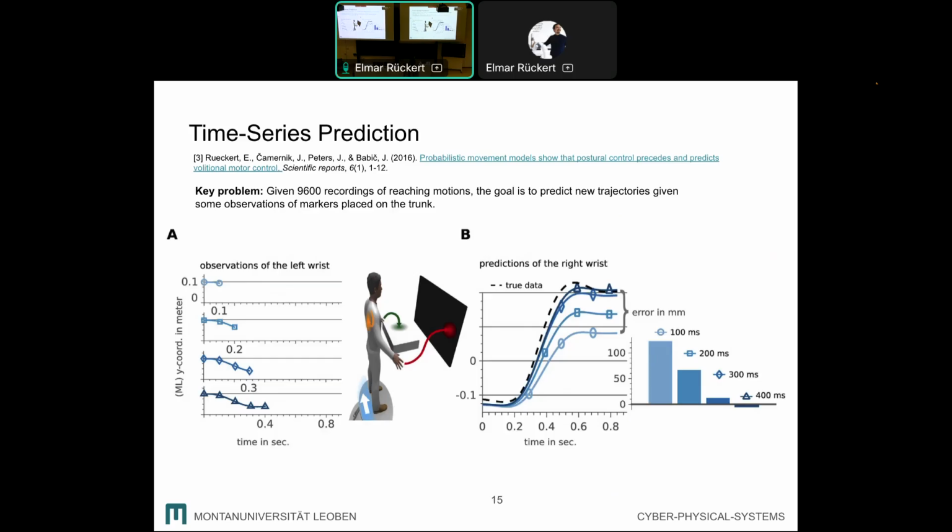And we also found out that actually, even after 100 milliseconds, so prior, before any visual feedback could be processed by the human brain, because that takes about 300 milliseconds until your eyes turn light into some electrical signals that can be processed by our brain.